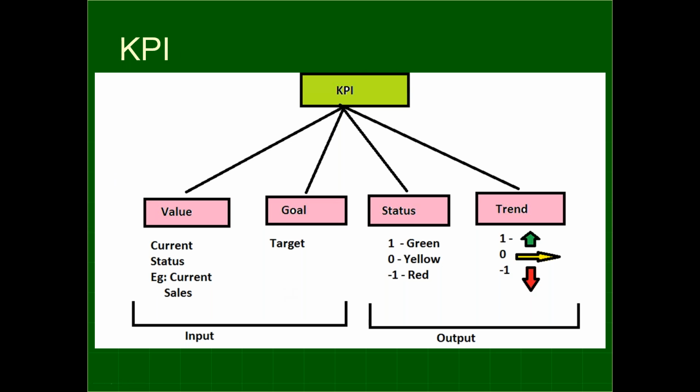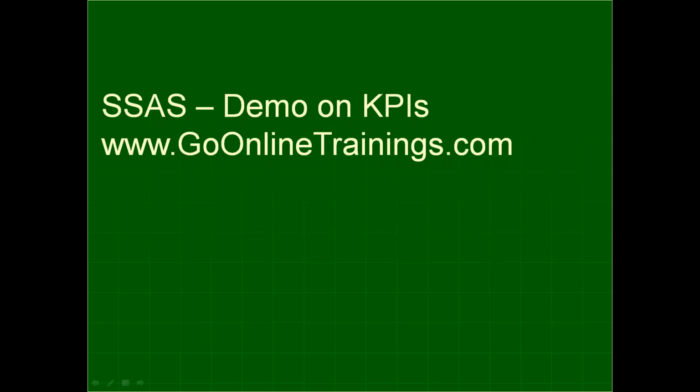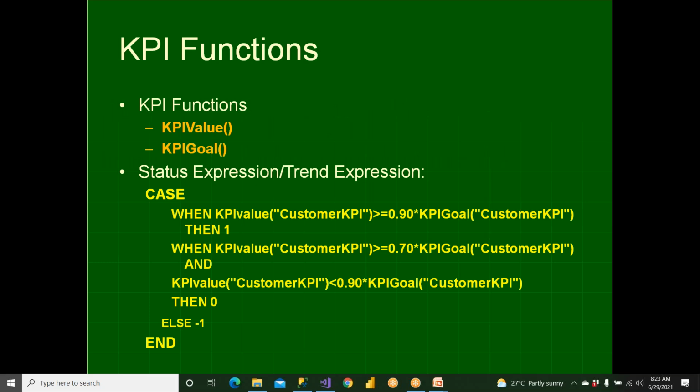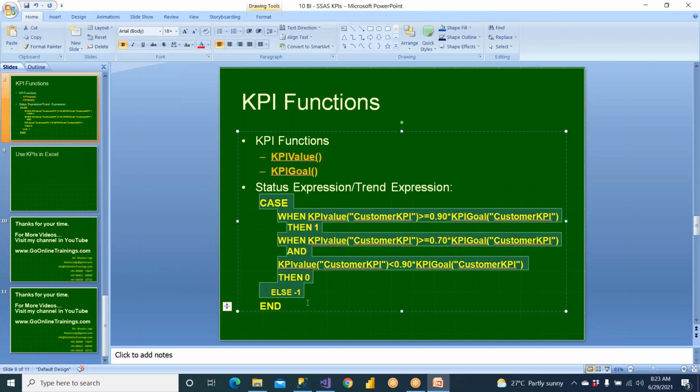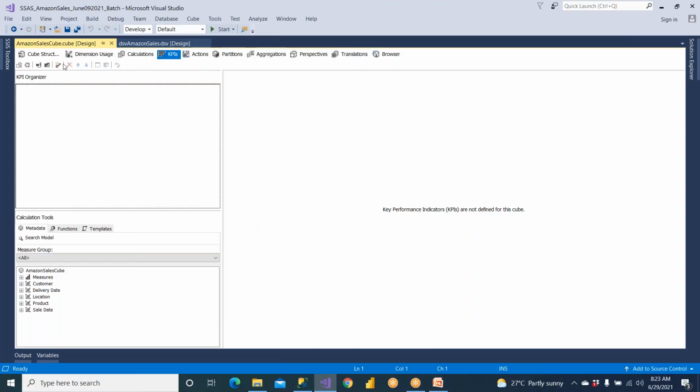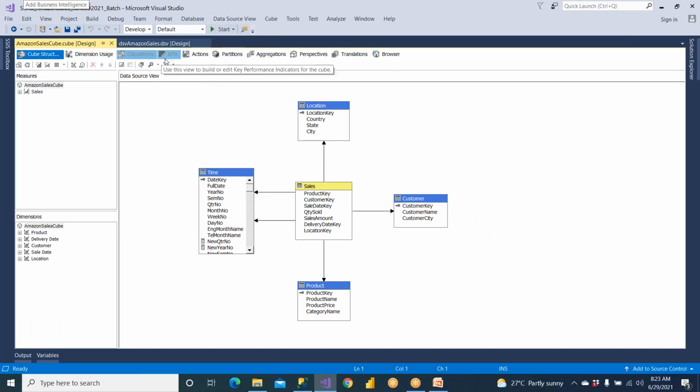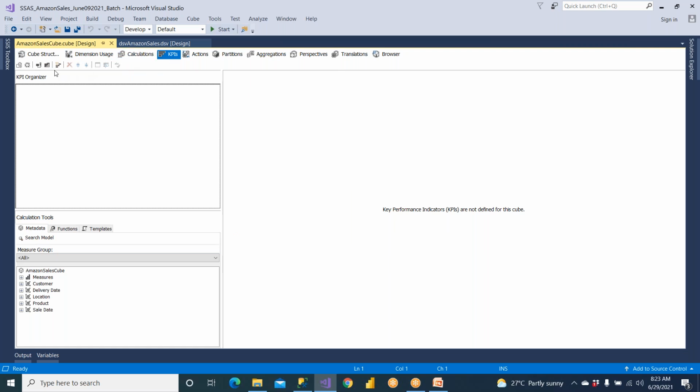So let me create one KPI and show you. So we are going to be using two functions, KPI value and KPI goal. Clear? So I wanted to create a new KPI using this case statement. Let me go quickly to the cube structure, click on KPIs, and create a KPI.